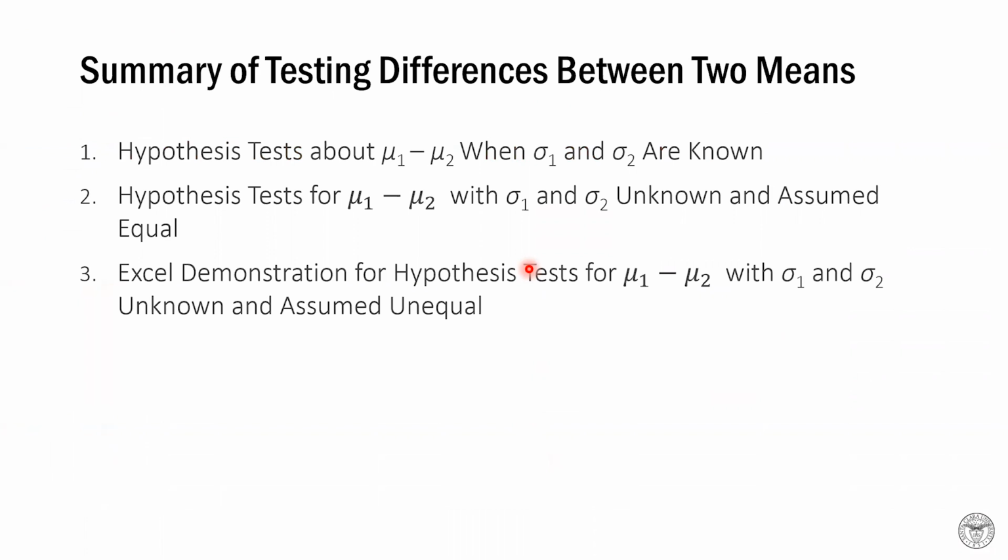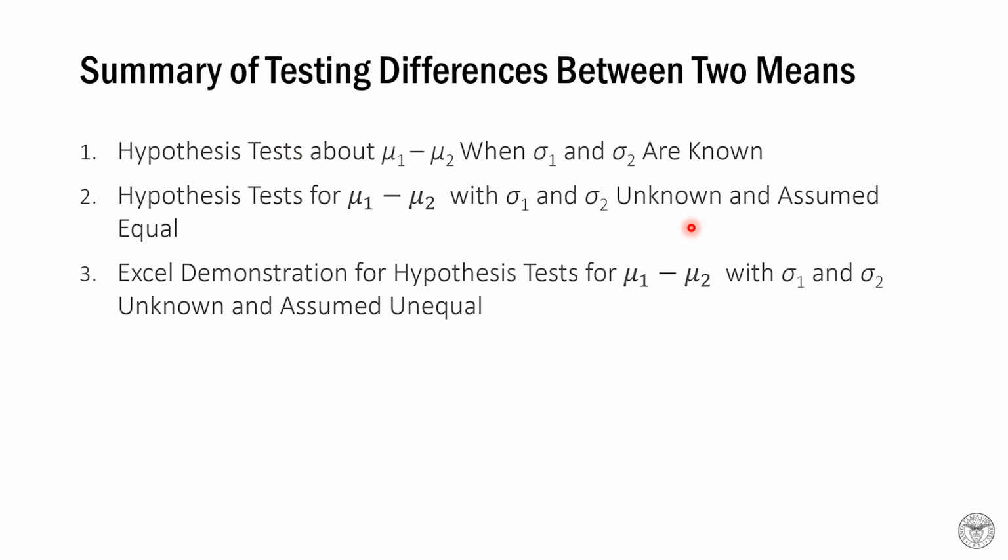Okay, so in this video, we briefly show the z-test for the hypothesis test about mean difference when the standard deviations are known, and the t-test when the standard deviations are unknown but assumed to be the same. Finally, we use Excel to demonstrate the hypothesis test about mean difference when the standard deviations are unknown and the variances are unequal.